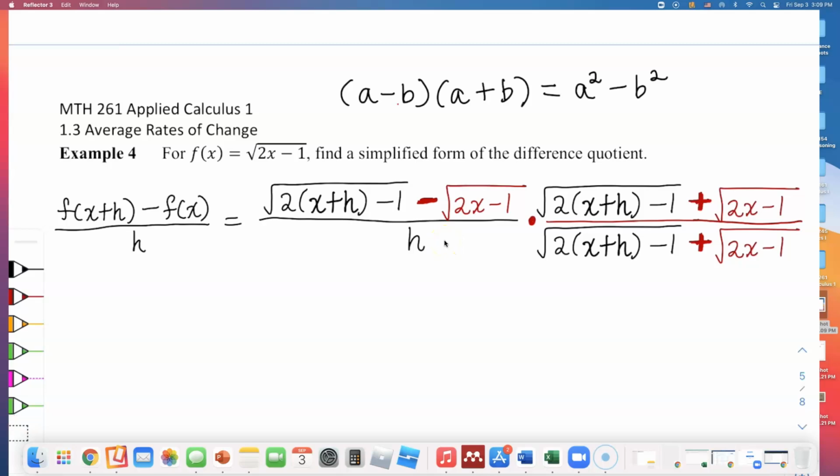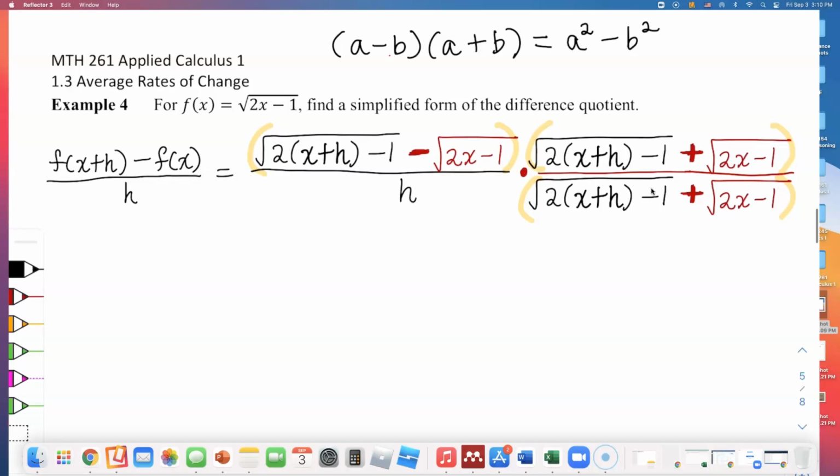So now, let's use that pattern. Think of this as a minus b times a plus b. That's going to give us a squared minus b squared, right? And what this squaring will do is get rid of the square root. So our radicands will just come out of these square roots, leaving us with 2 times x plus h minus 1. The first radicand came out because it was going to get squared.